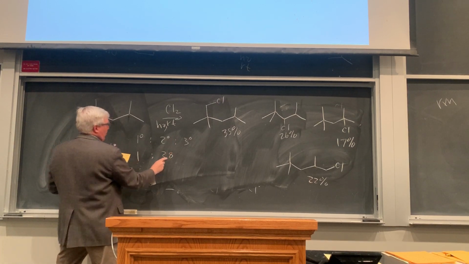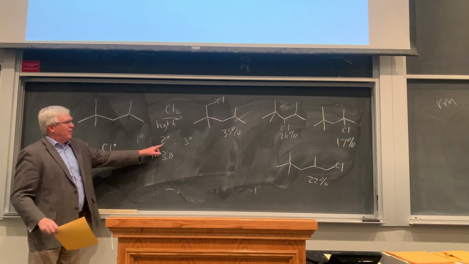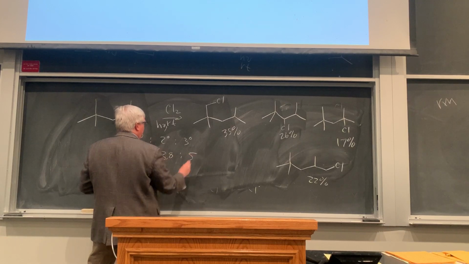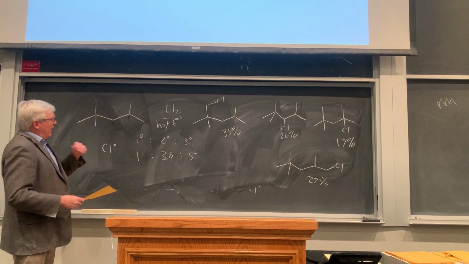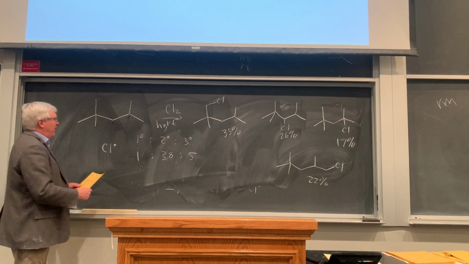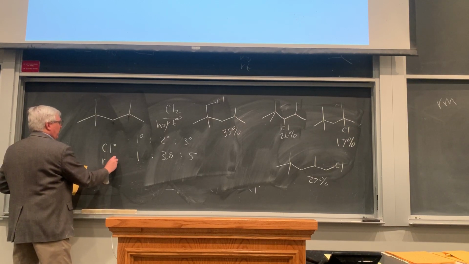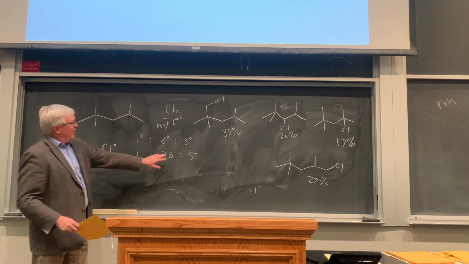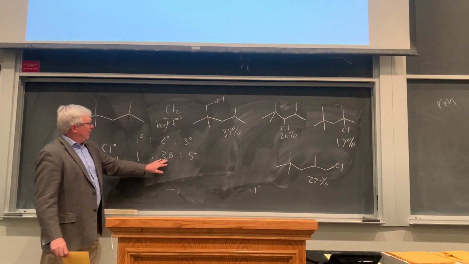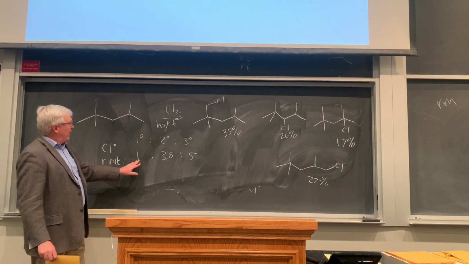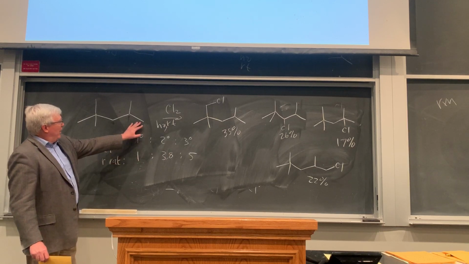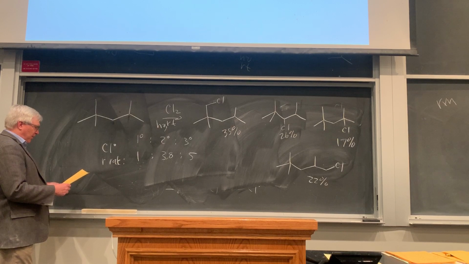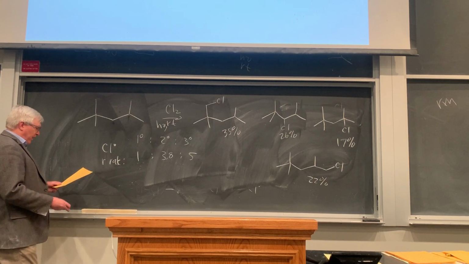This is 3.8 times faster at the secondary positions, and at the tertiary positions, 5 times faster. These are the relative rates of how fast each will form. But it's weighted for the number of carbon-hydrogen bonds we have at those positions, so you can relate it to that.